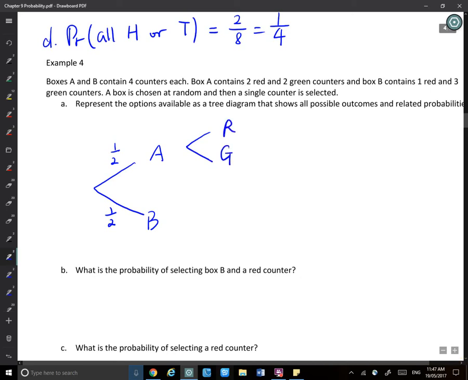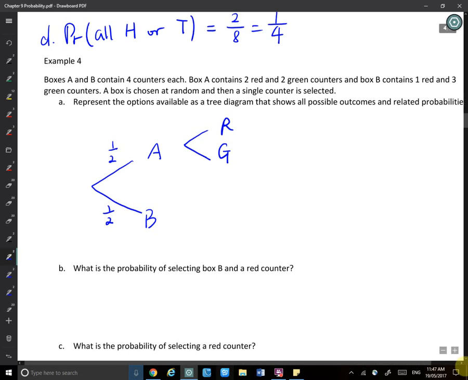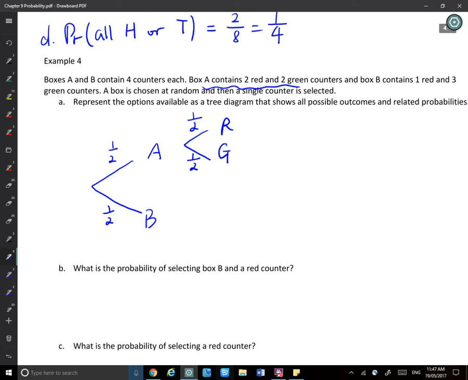What's the probability for box A to get a red counter? In A, we have 2 red, 2 green, so half and half. The probability will be the same.